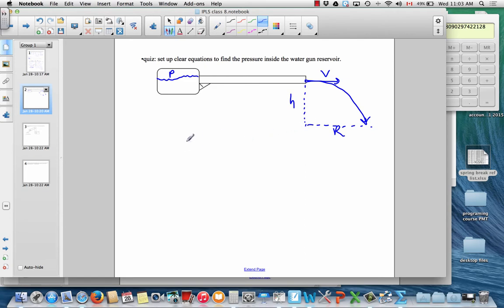But for the projectile motion analysis in that case, just to help get you started on it, for the x and y motions, at the beginning, there's an x initial speed that we're looking for. The y initial speed is 0 because the water stream is traveling horizontally at the beginning.